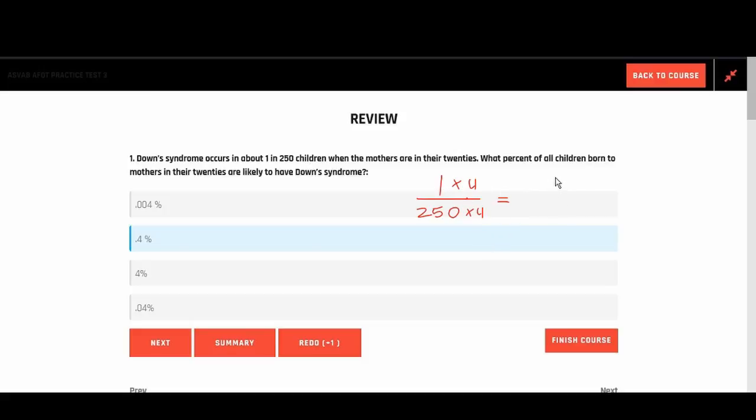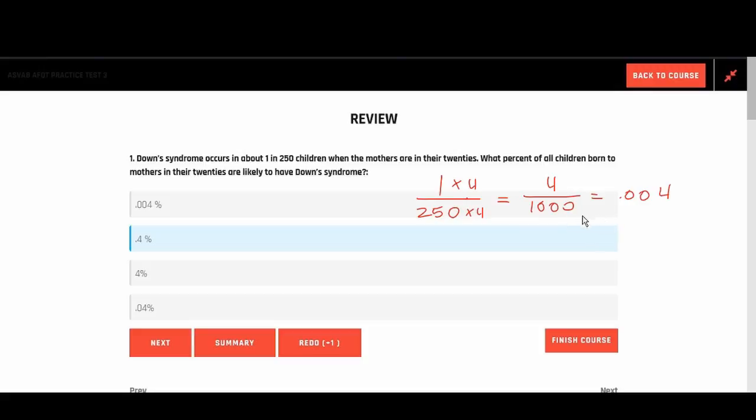So 1 times 4 would be 4. 250 times 4 would be 1,000. Now in this case, we should be able to see that 4 divided by 1,000 is going to be 0.004. Again, this is the tens place, hundreds place, thousands place. 4 out of 1,000 is the equivalent of 0.004 with the 4 in the thousands place.